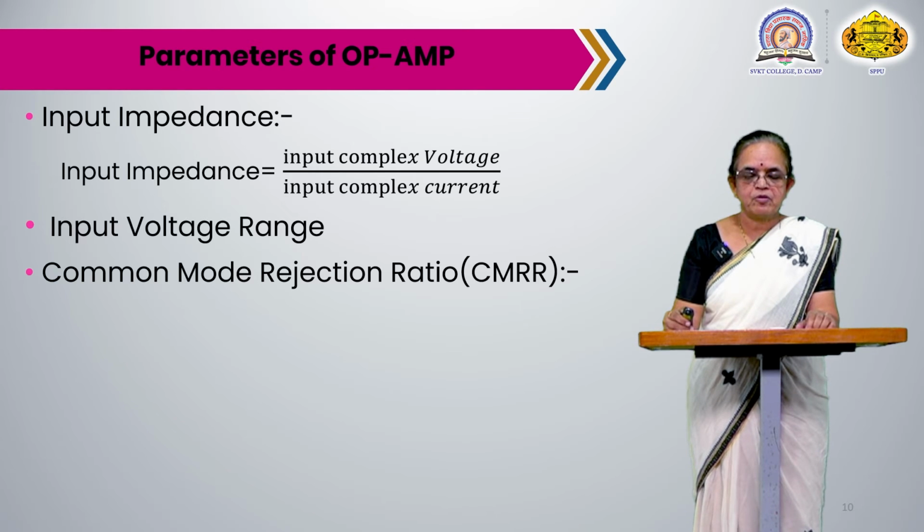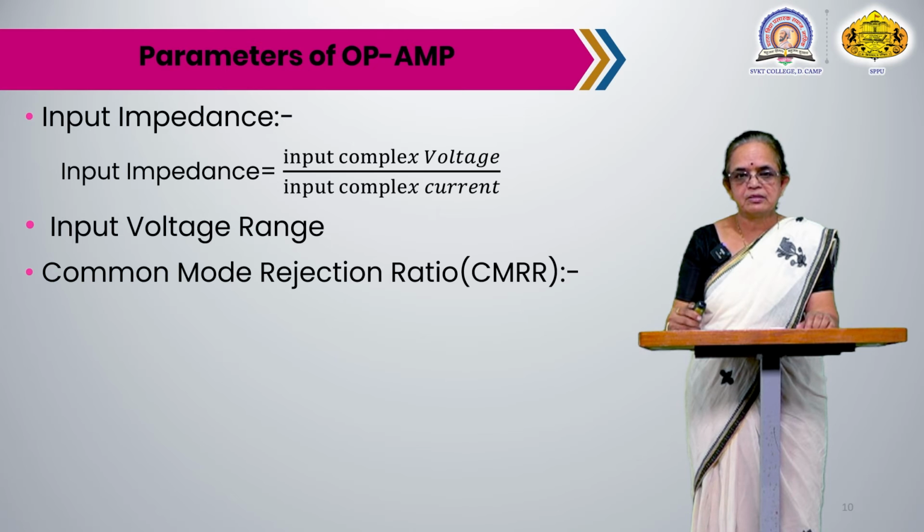And input voltage range is the voltage that can be applied when there is a common mode. Output must be 0 because V1 is equal to V2. Input voltage range means whatever voltage we can apply at the common mode without disturbing the operation of the op amp, and that is input voltage range.